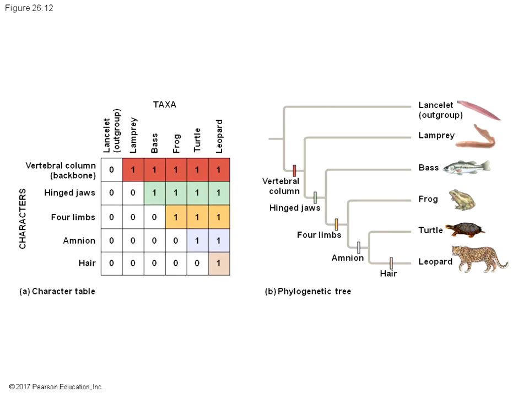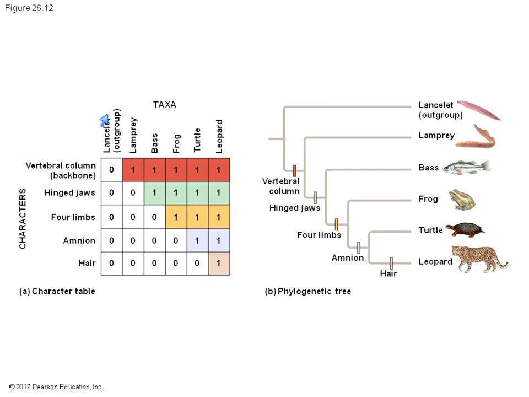Okay, so let's take a look at this. Here we have a data table. Okay, so this is a character table. So over here it shows different characters, and up here it shows different taxa. So a 0 means it doesn't exist in that particular organism, and a 1 means that it does. Okay, so here's a vertebral column or a backbone.